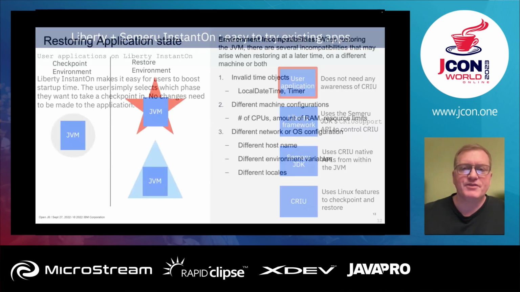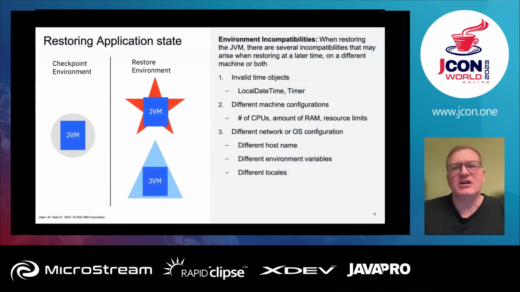So let's talk about some of these things that need to be compensated for, just to give you a flavor for what that all is. Because you're taking the checkpoint in your build environment, that might not be the same environment as where you're going to restore this process in your production environment. The machine types might be different. The number of cores might be different. Definitely the time is going to be different. All of these are things that the JVM and Liberty need to be aware of when you restore a process in the restore environment.